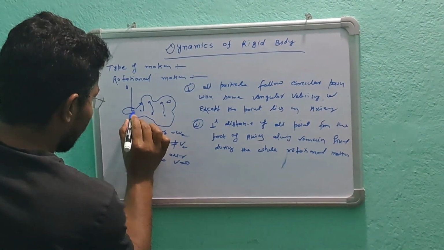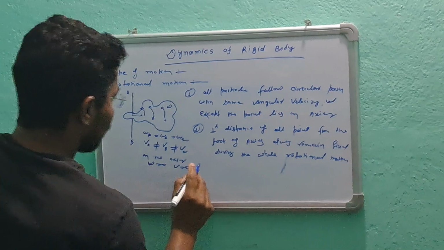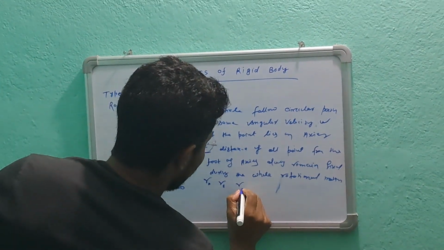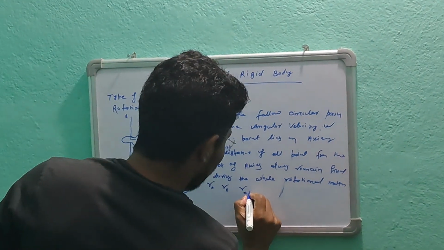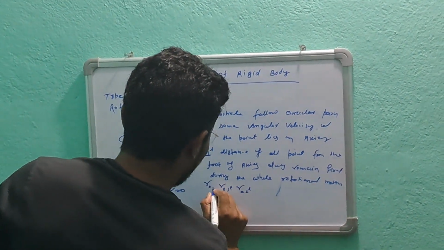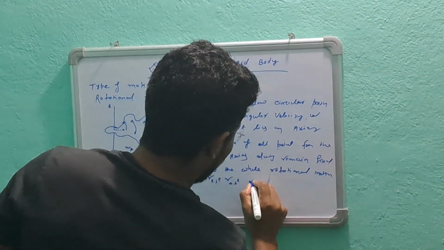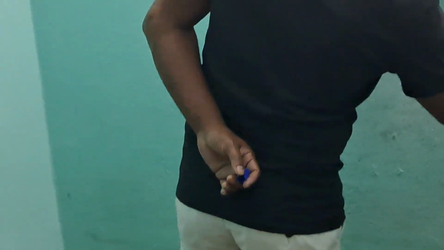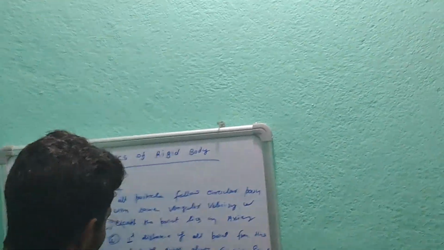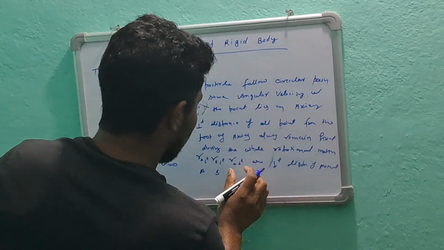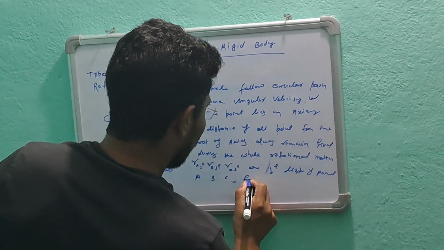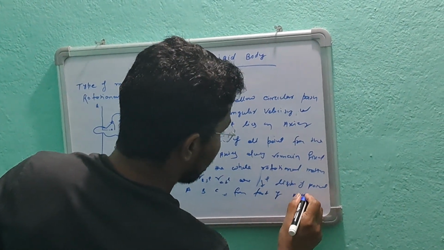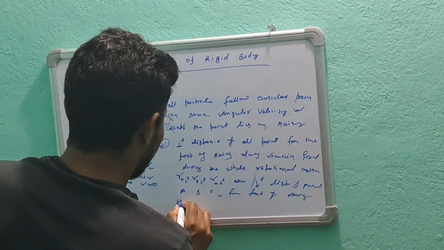Let RA, RB and RC be the perpendicular distances of points A, B, C from the foot of the axis.